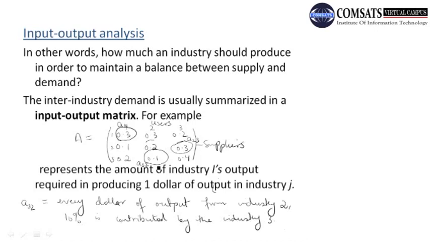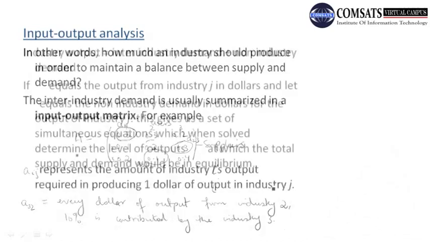That is, the row index i represents the number of the industry contributing, and the j-th index represents the output from that particular industry. So the entry Aij represents the amount of industry i's output required in producing $1 of output in industry j.